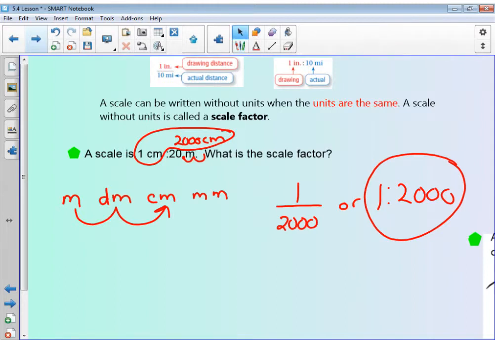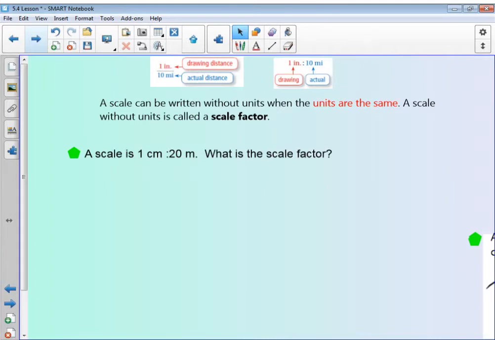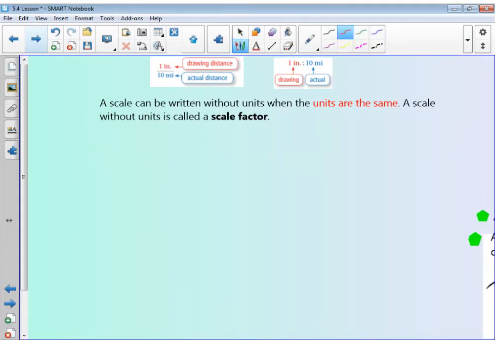Okay, so I'm going to give you guys one to try. Once again, we'll work metric system. So let's do 1 centimeter to 5 millimeters. Okay, so here I would convert into millimeters.